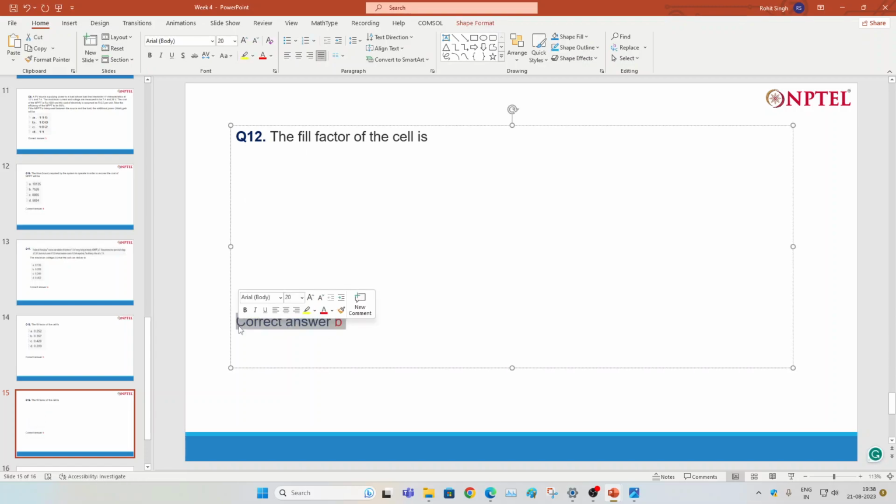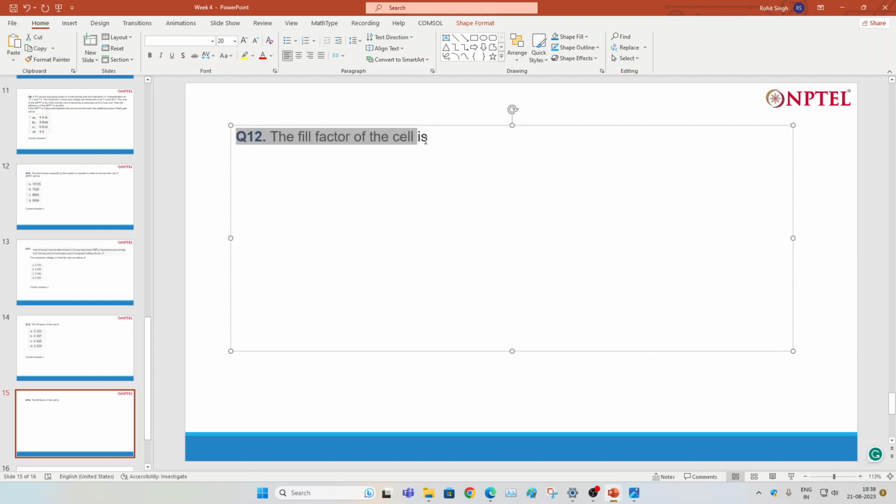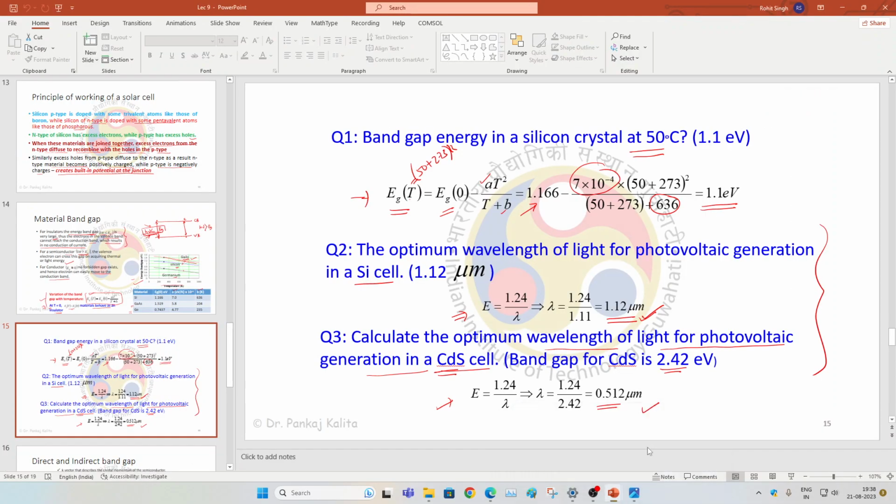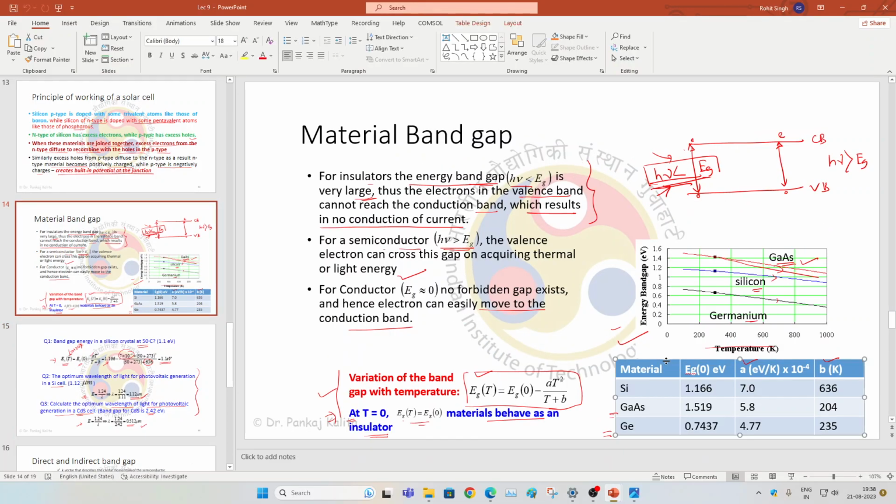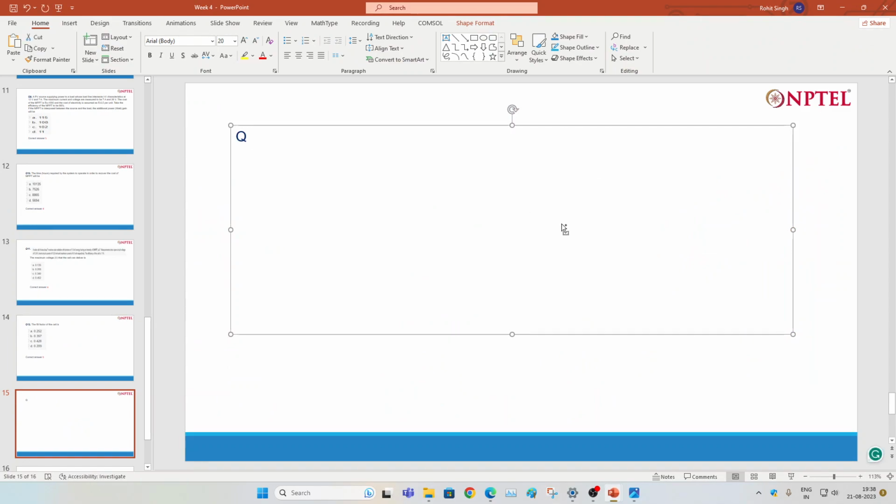So let's say I remove everything here and write a question here. The question is based on this: band gap energy in silicon at 50 degrees Celsius. Let me copy this table.